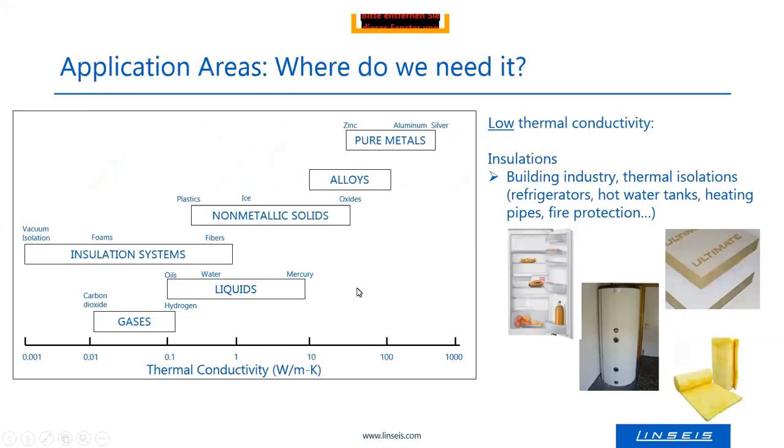The application areas can be very different. So for some applications, you need low thermal conductivities. For example, for building materials to isolate the buildings, for refrigerators or boilers, you need insulating material, and the goal must be or should be to reduce the thermal conductivity.